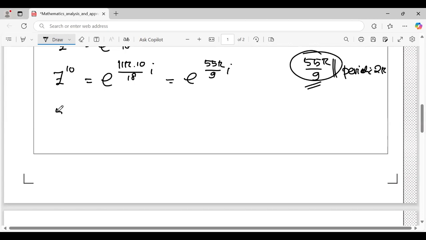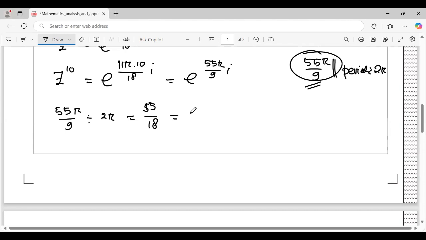Dividing 55 pi over 9 by 2 pi, it becomes 55 over 18.